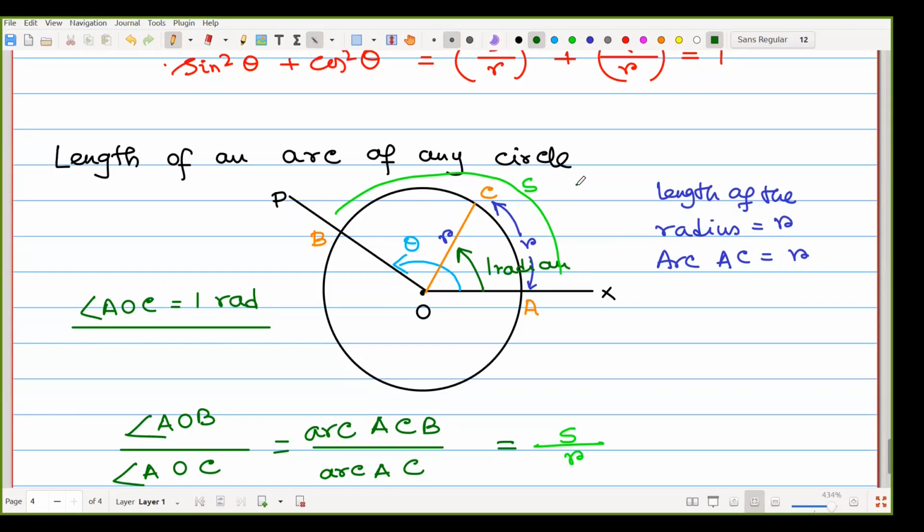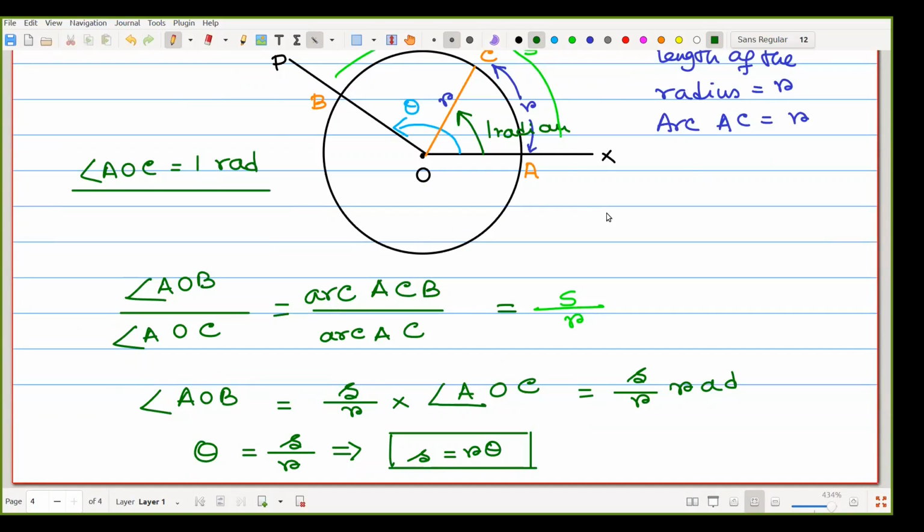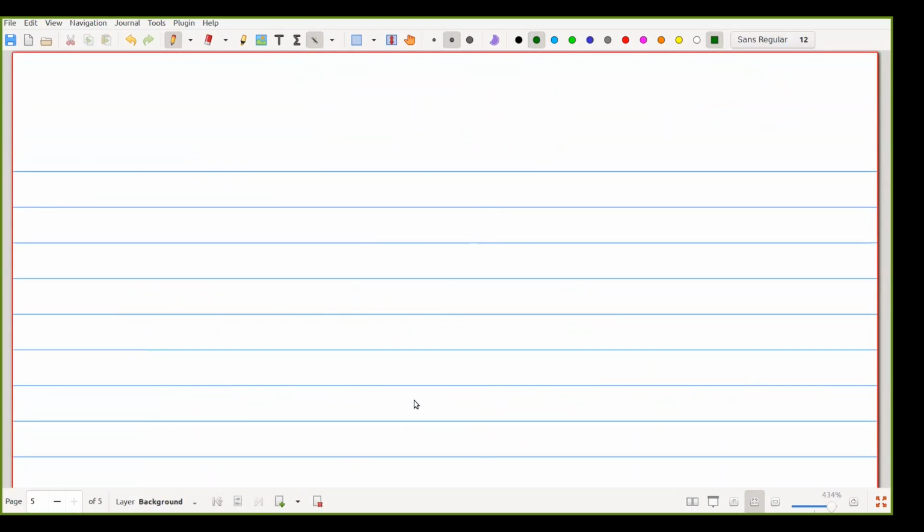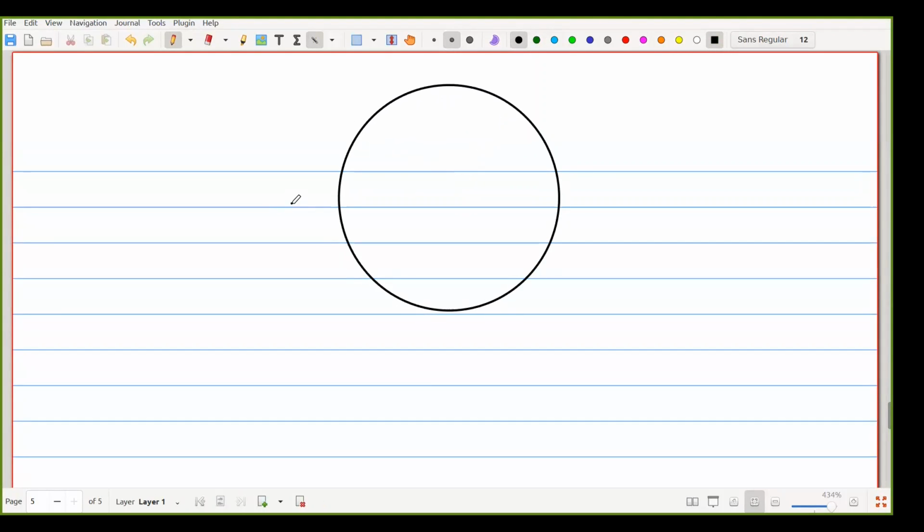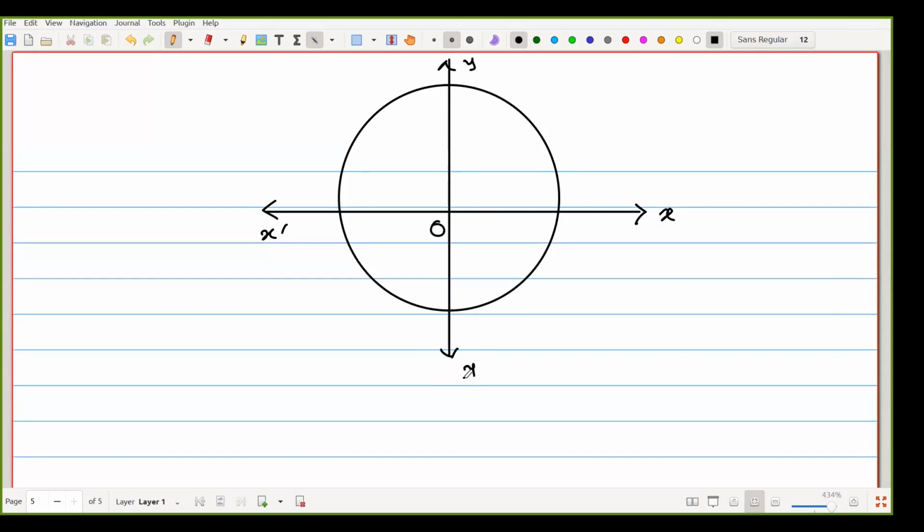That has been described here once again for finding x square plus y square is equal to, or sine square theta plus cos square theta is equal to 1. So we are drawing once again another circle to describe it. Here we have the coordinate system. That is our O, that is our X, X dash, Y, Y dash.